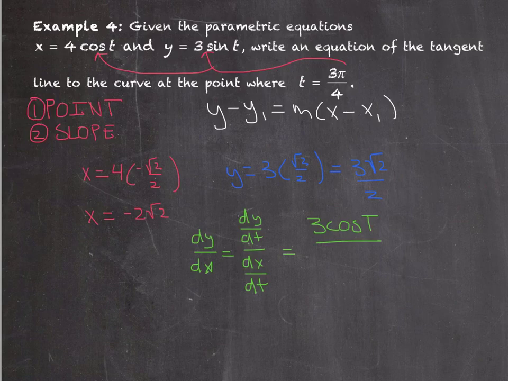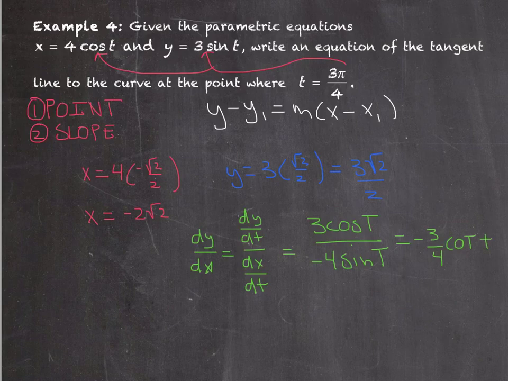And the bottom is going to be dx dt, which is going to be negative 4 sine of t. And we recognize that cosine over sine is simply cotangent. So this is going to be negative 3/4 cotangent of t. So maybe I'll put that right there.